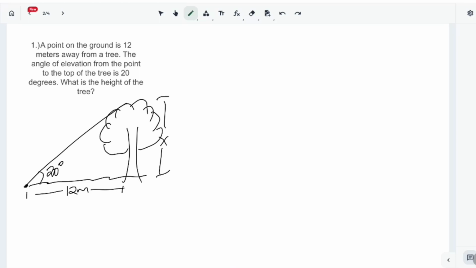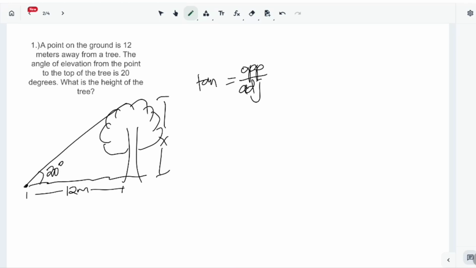It's opposite. Very good. So, may opposite ka na over 20 degrees to 12 meters. Adjacent. So, therefore, anong function ang kailangan kong gamitin having the opposite and adjacent? That is tangent. Very good.